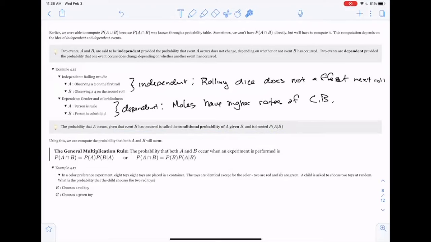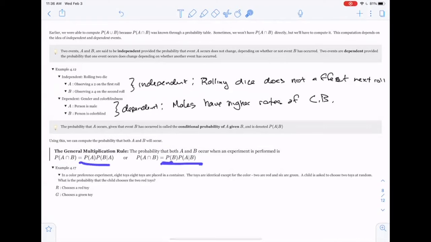colorblind. And using this, we actually get a general multiplication rule for two events A and B. The probability that both A and B occur, so the probability of their intersection, is going to be the probability that A occurs times the probability that B occurs given A has occurred, or it's going to be the probability that B occurs times the probability that A occurs given B has already occurred.